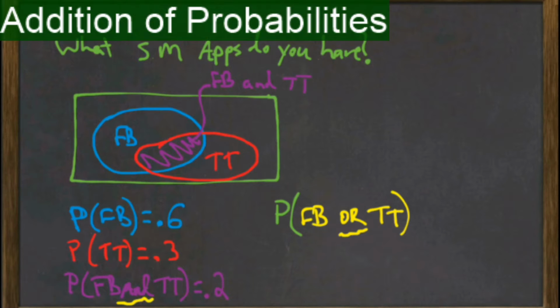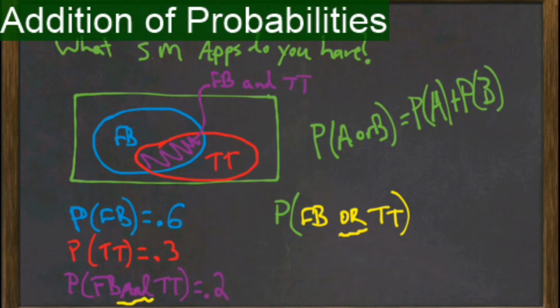Now, the general rule of addition tells us the probability of A or B is the probability of A plus the probability of B minus the probability of A and B. So in our case, we need the probability of Facebook plus the probability of TikTok.